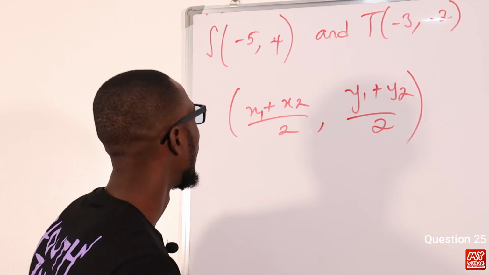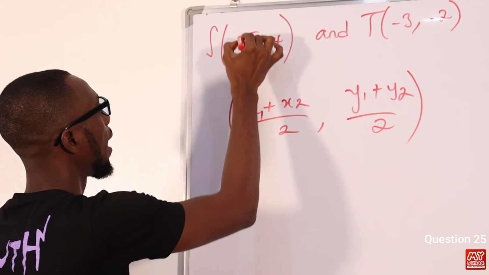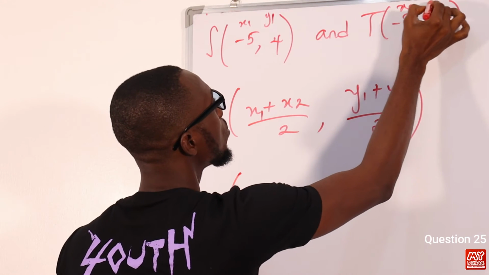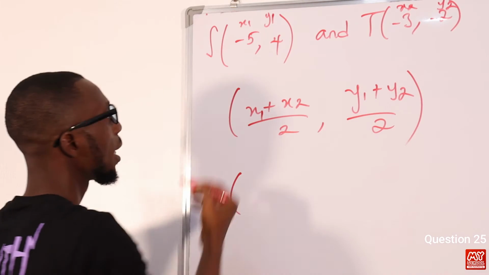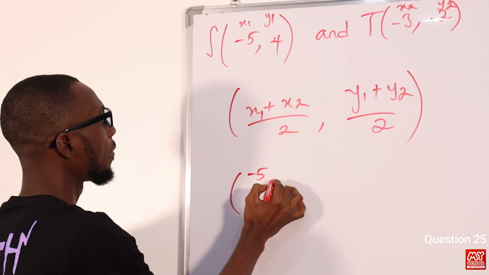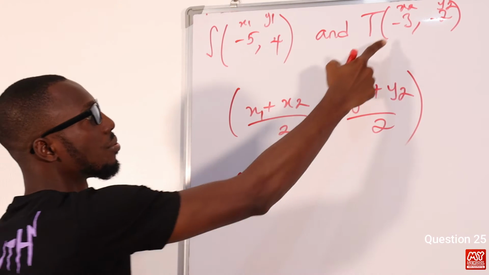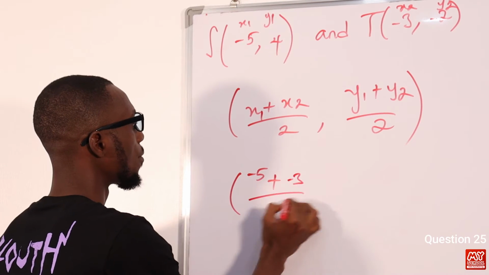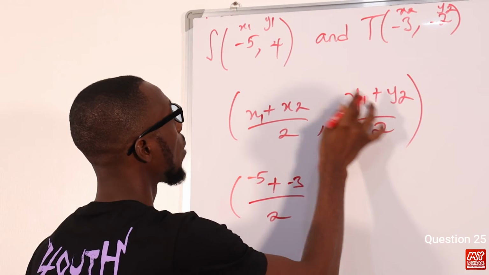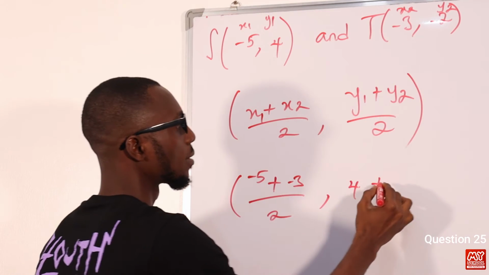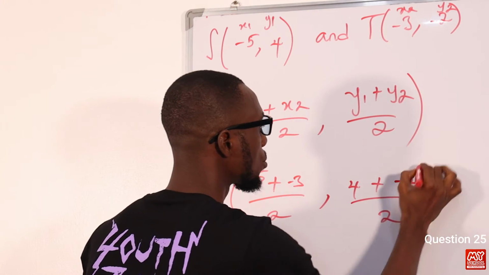All right. Okay, so we can identify this as x1, y1, x2, y2. Okay, so let's slot in these values. We have x1 as minus 5 plus x2 as minus 3, okay, over 2. Then we have y1 as 4 plus y2 as minus 2 over 2.